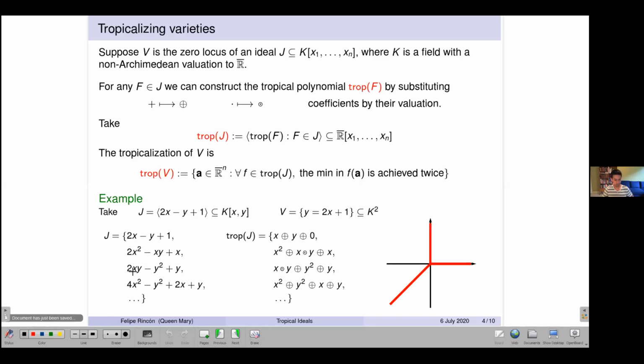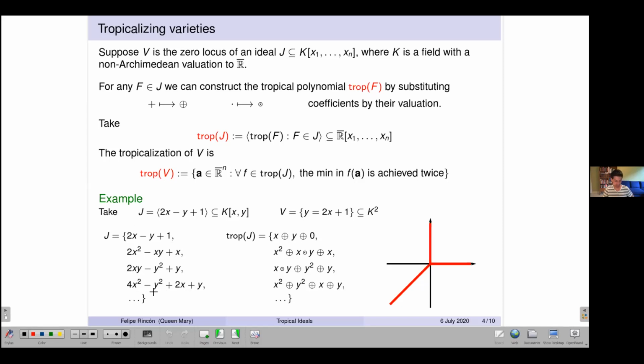Here I wrote down y times that generator. And here I wrote down another multiple of this one, which is, I believe, 2 times this one plus that one, so that the xy term cancels in here, and you get this polynomial.